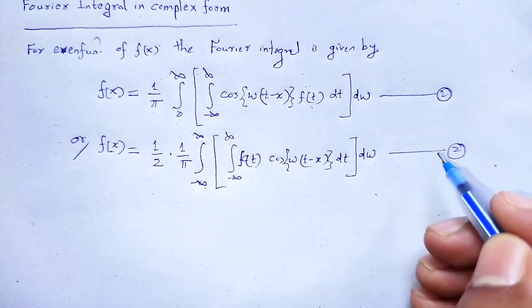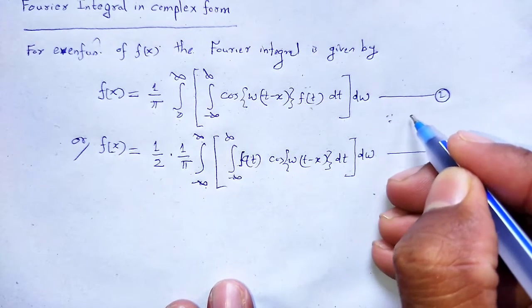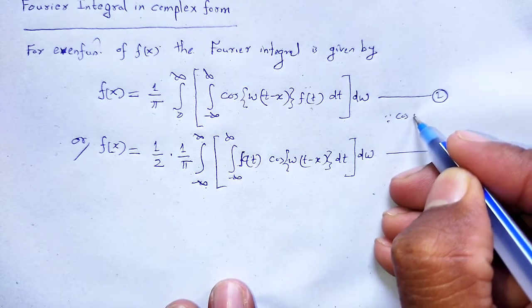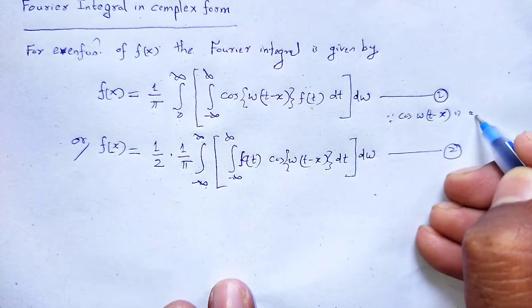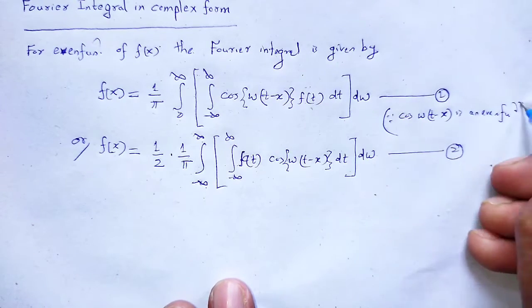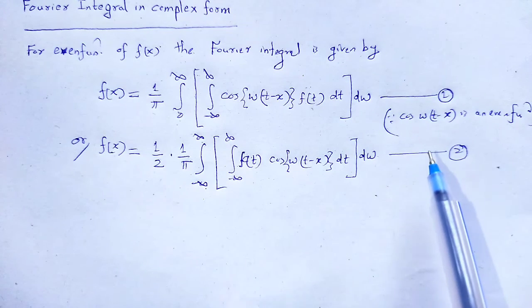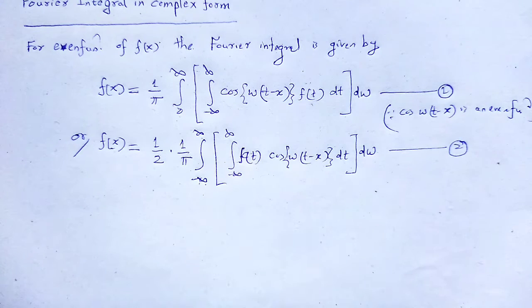Equation number 2. Why do we transform just like this? As cos omega of t minus x is an even function, therefore we transform the limit to minus infinity to plus infinity.